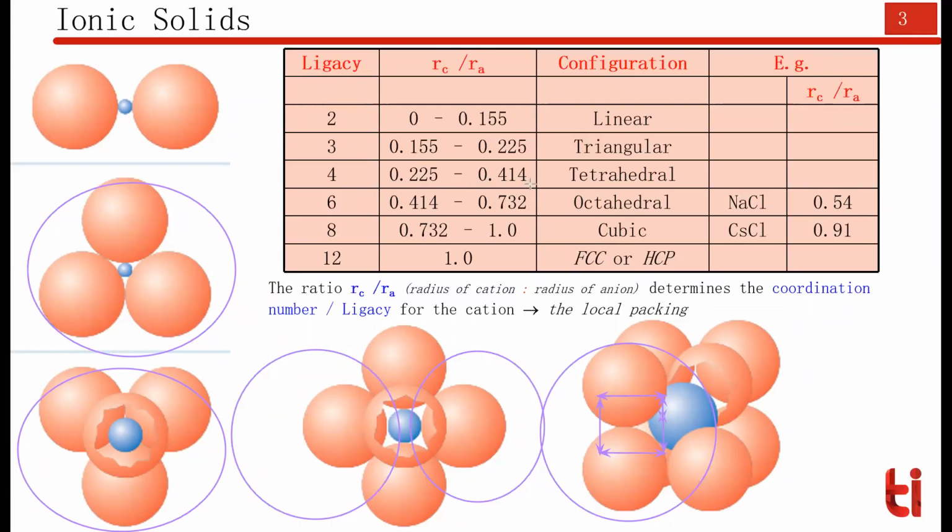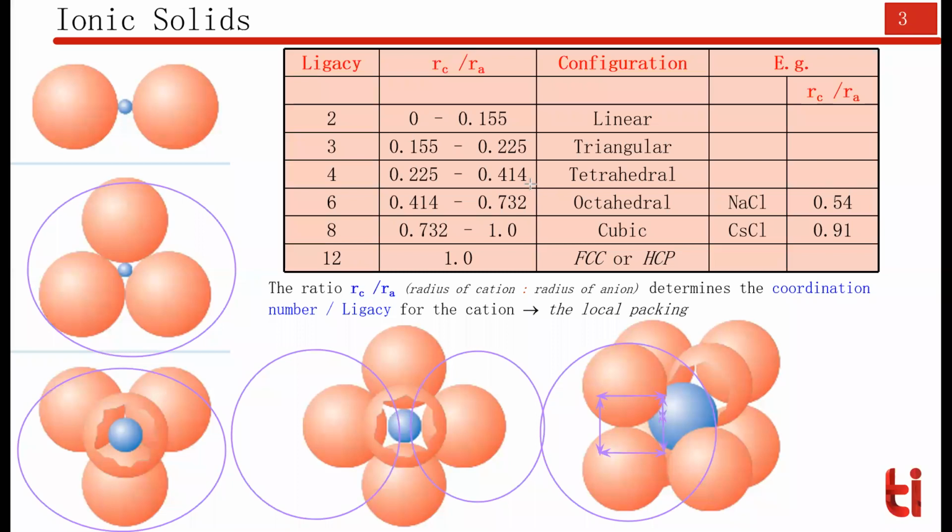Remember, 0.414 was the transition point from tetrahedral to octahedral void. So at 0.414, your ligancy will be 6, where your valley is surrounded by 6 atoms of opposite polarity. And your octahedral coordination is valid up to the radius ratio of 0.732. Beyond this, the ligancy of 8 will take place.